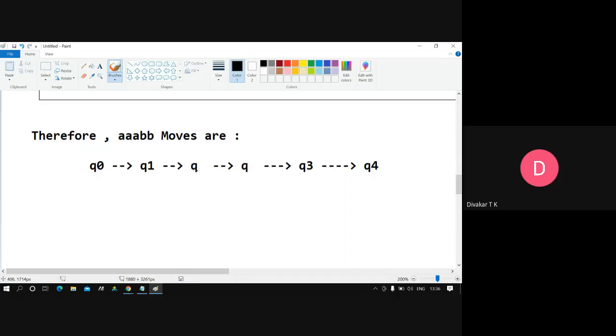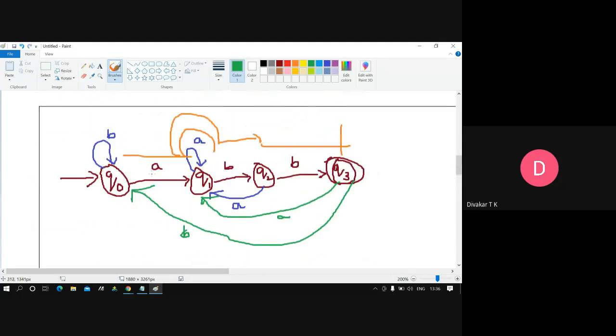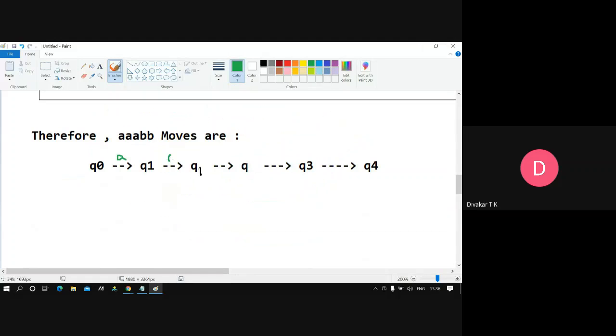So you have to write Q1. This is the A symbol. I'll change the color so you'll easily understand. I'll take green color here. Take the A symbol, Q0 to Q1. A symbol is there. Fine. Again Q1 to Q1, 1 A. Again Q1 to Q1, another A. Understood? Got the clarity? Now from Q1 to Q2 here, and Q2 to Q3 here.